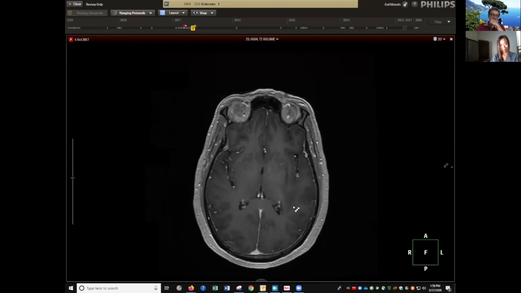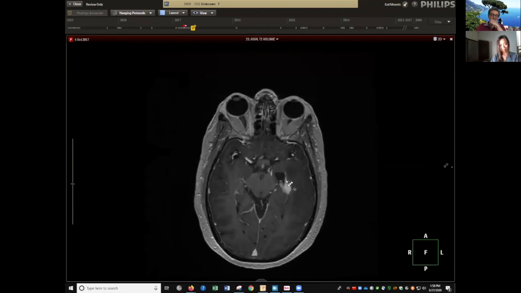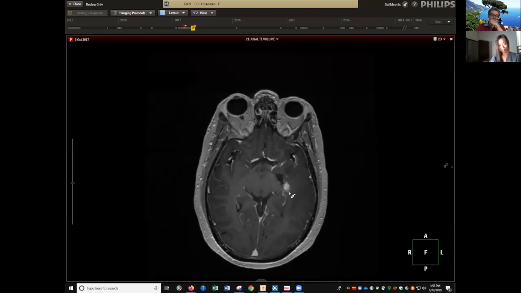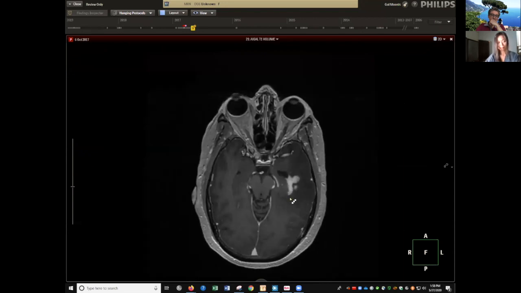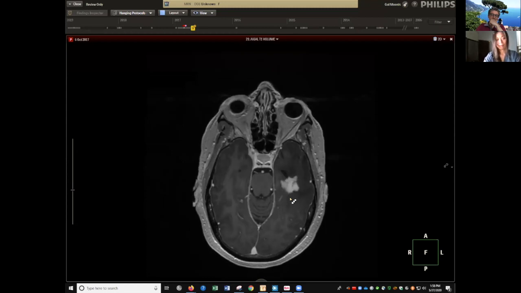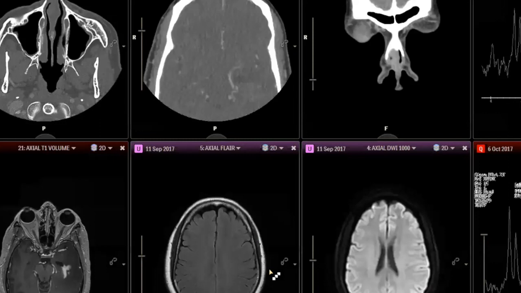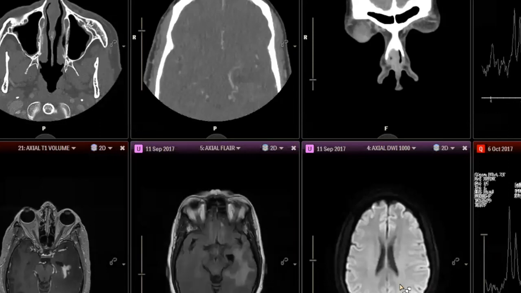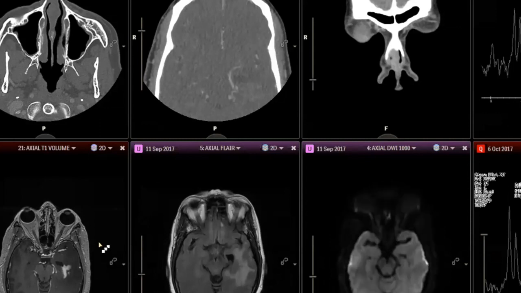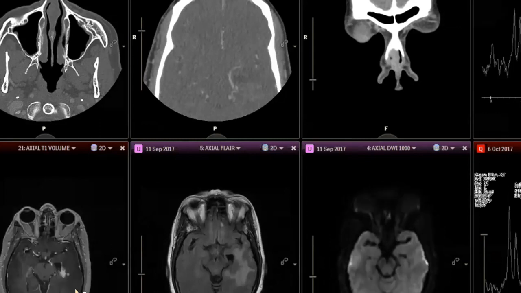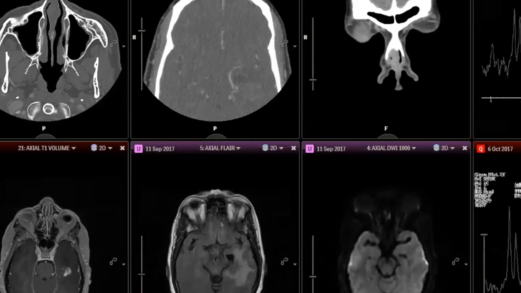Here you can see definite extensive nodular ependymal, subependymal, and parenchymal enhancement in this patient. There's a lot of edema and mass effect associated with it, not really much of a DWI abnormality. So this is also a presentation of sarcoid that we should be aware of, and that is intraparenchymal or subependymal masses.